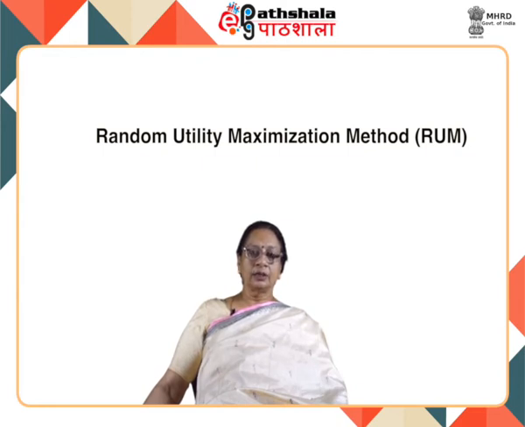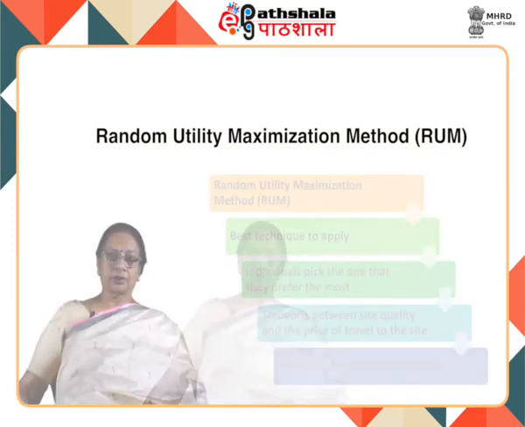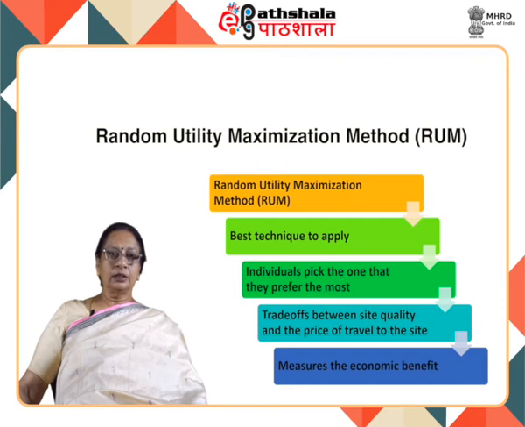For example, an agency may be required to value the economic losses or benefits from a decrease or increase in fish population, rather than from loss or benefit of the entire fish stock. The random utility approach may be the best technique to apply because it focuses on choices among alternative sites which have different quality characteristics.